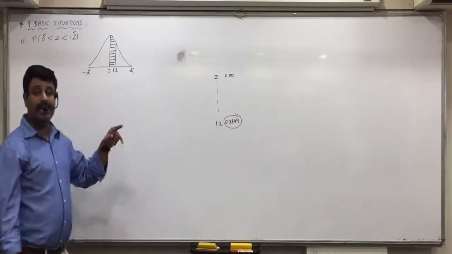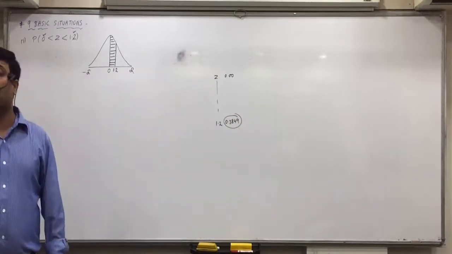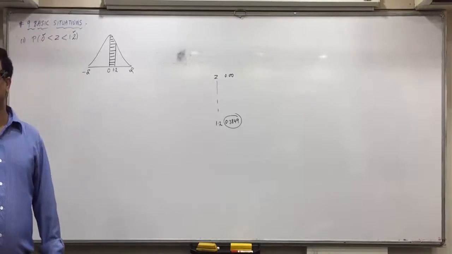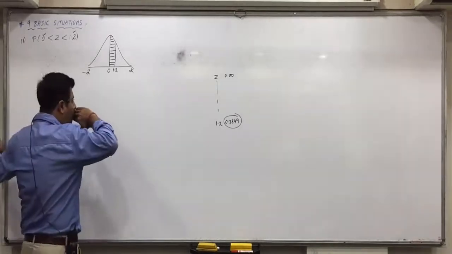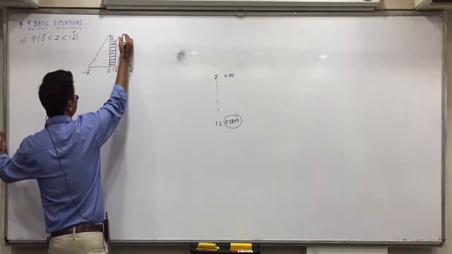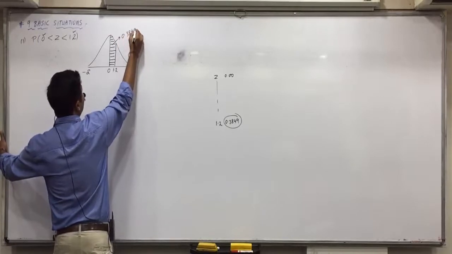Yes. In the heading it's given that the area is from 0. When you see 1.2, it means from 0 to 1.2. When you see 1.3, it means from 0 to 1.3. You can also see the shading at the top of the page. So directly from the table this area is 0.3849.